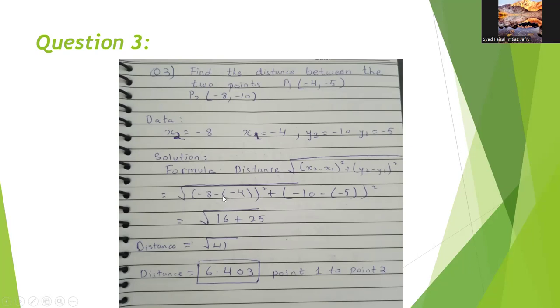Minus multiplied by minus is positive. Remember this. You can do it in the calculator, it will give you an accurate answer. So don't mess this up.